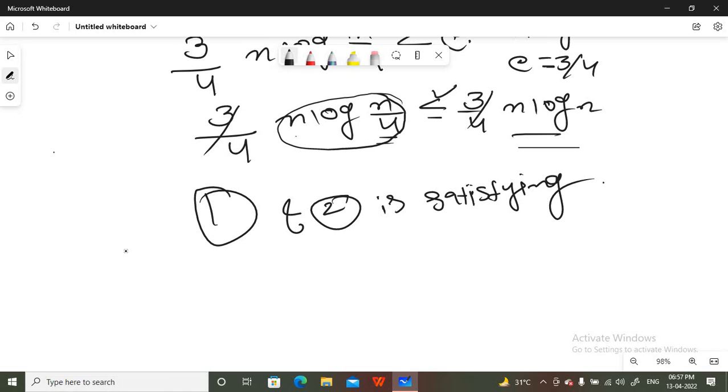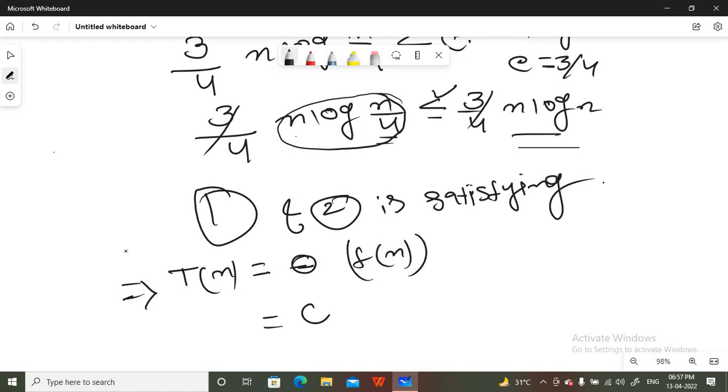So the first and second conditions are satisfied. So we can apply that T(n) equals theta of f(n).